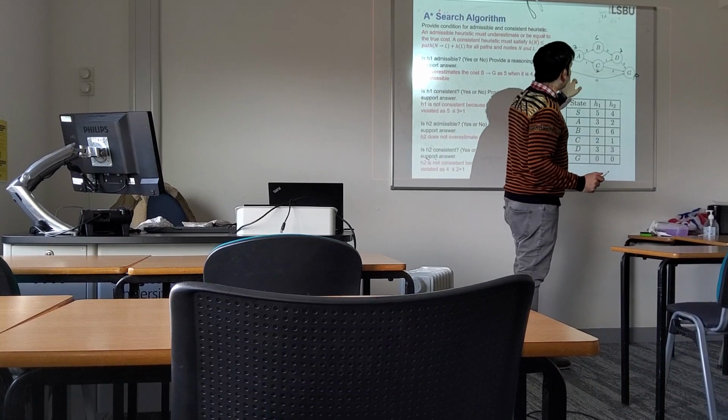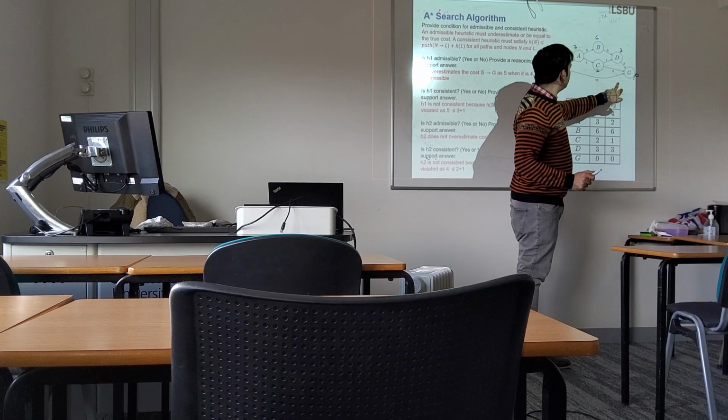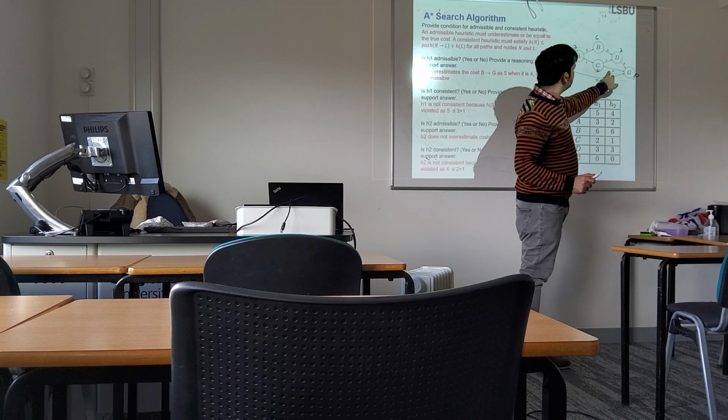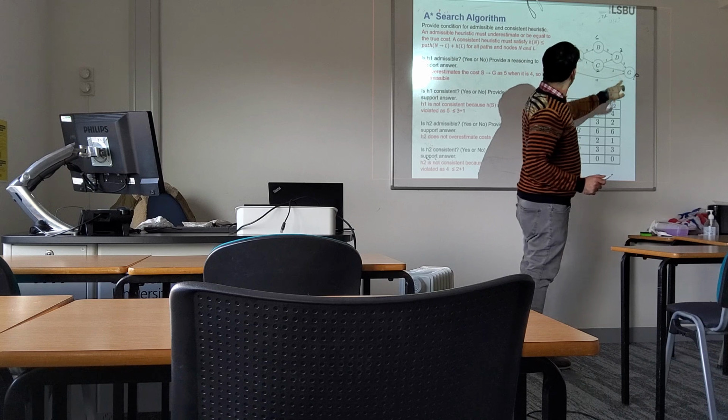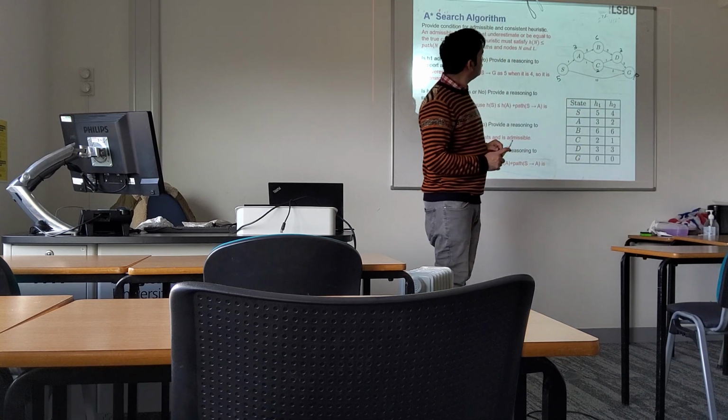So the shortest distance that I can see is 1, 2, 3. Isn't it just 1 and 2?